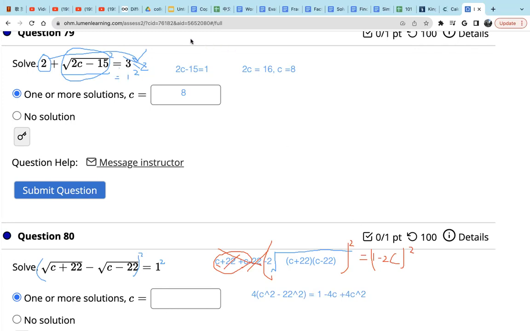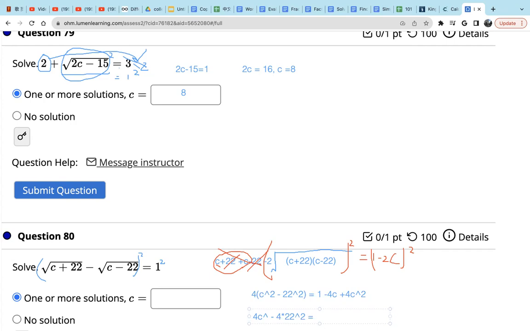Now let's just simplify a little bit. So we have 4c squared, distribute, 4c squared minus 4 times 22 squared. Well, let's just write it as 4 times 22 squared. Hopefully sometime later on we can cancel this. Okay. Then minus 1 plus 4c, or maybe we just leave it for now. Right?